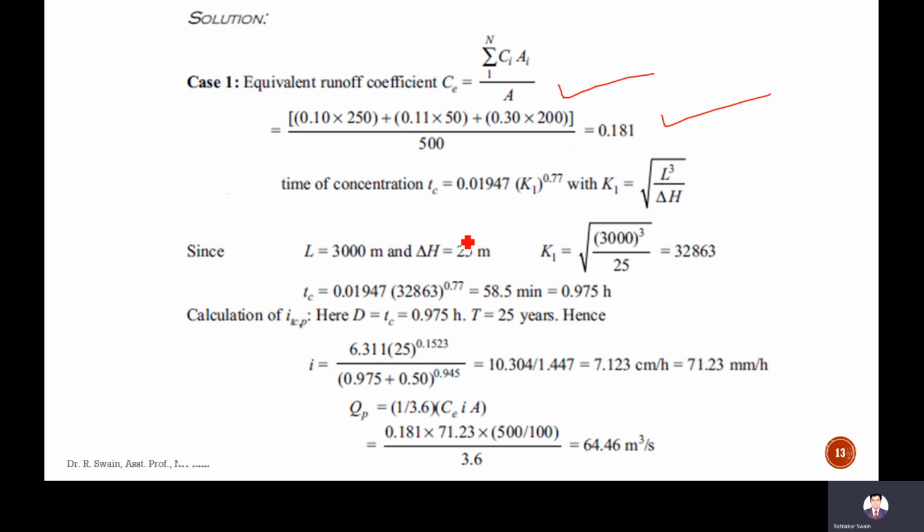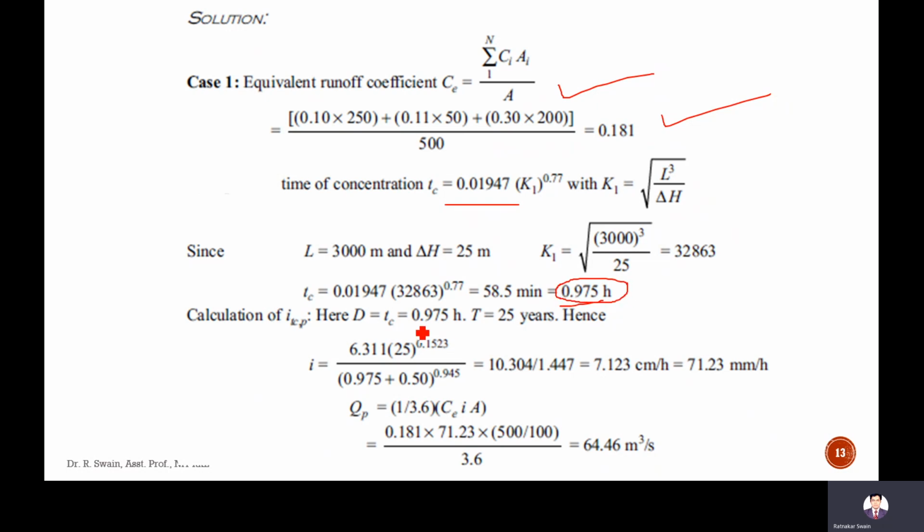For the time of concentration, if we apply Kirpich's formula, it is 0.01947 K1 to the power 0.77, where K1 is the square root of L cubed by delta H. L is given 3000 and delta H is given 25, so we can determine K1 and TC, which is here 0.975 hour.